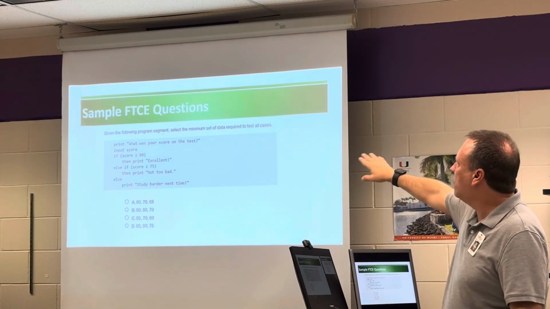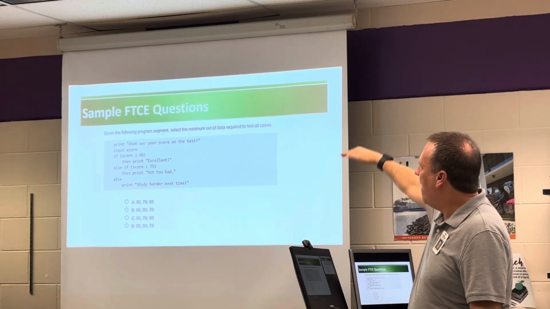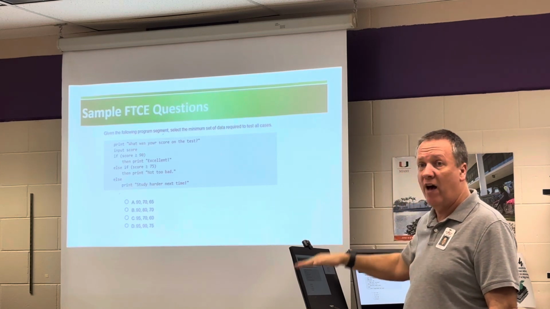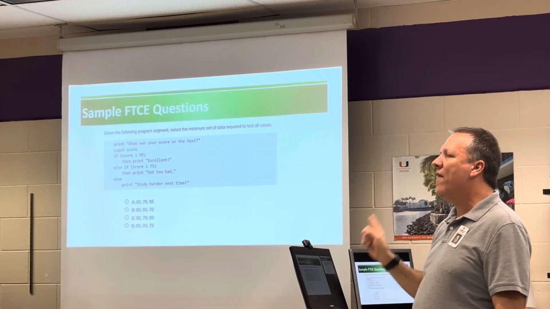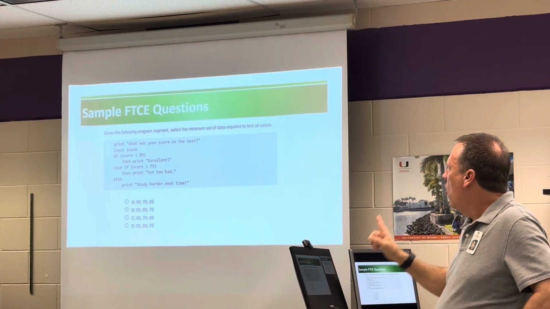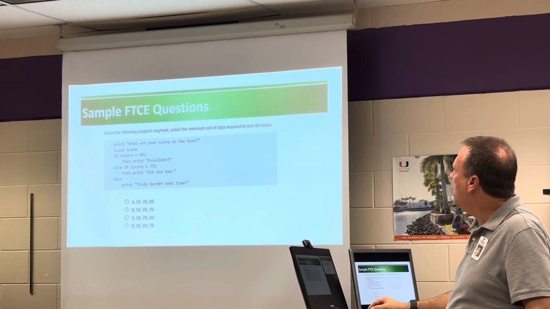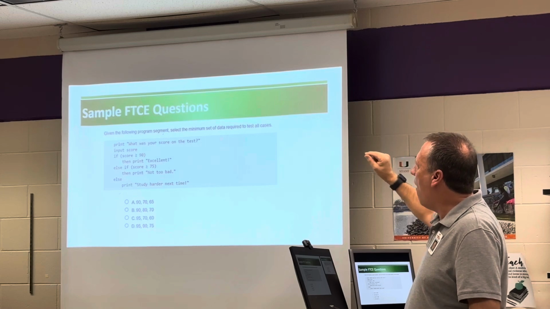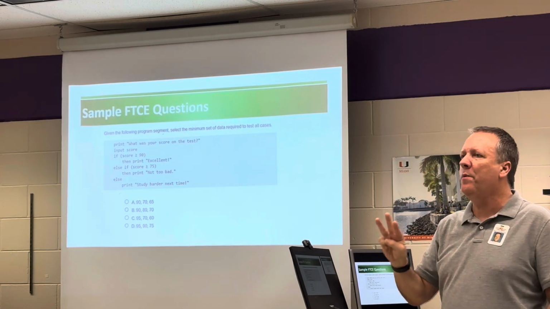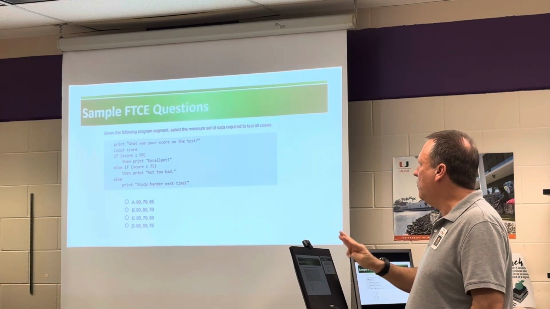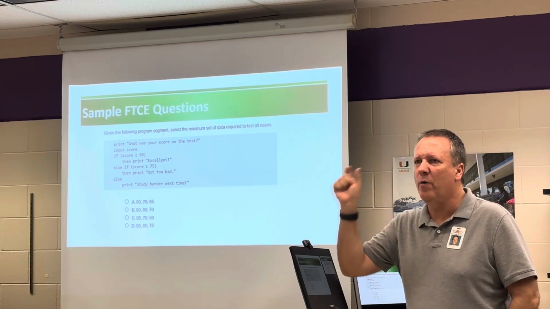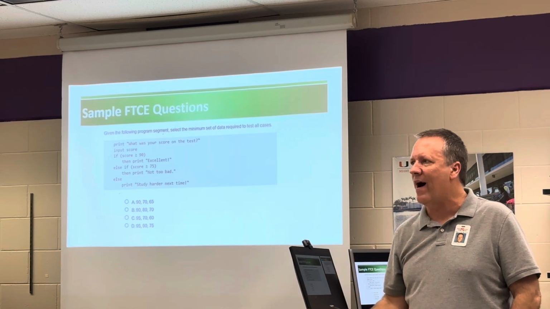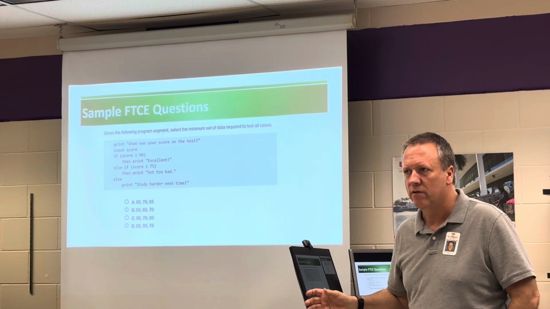It says, what was your score on the test, input score, and then we have a cascading if else. What they're asking is, what would be the minimum set of numbers so that we test all 3, so that I get all 3 to print out? What would be 3 different values that I could input so that I would get it to do each one of my conditionals?